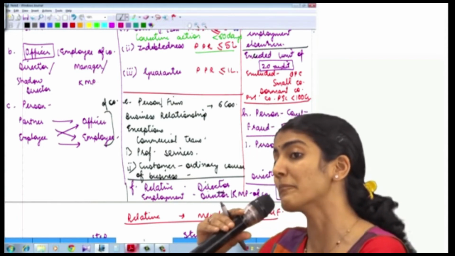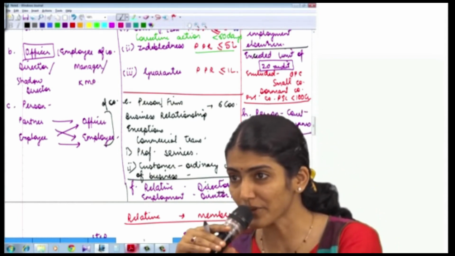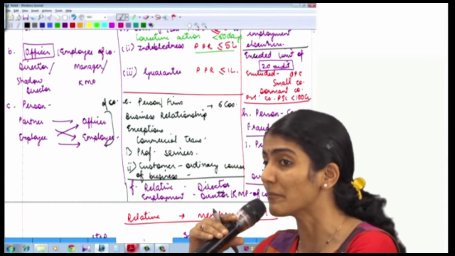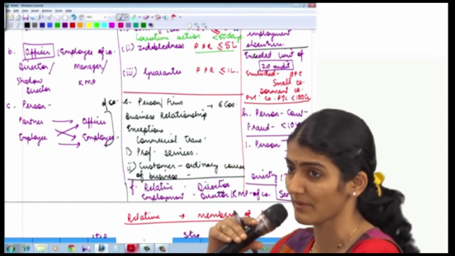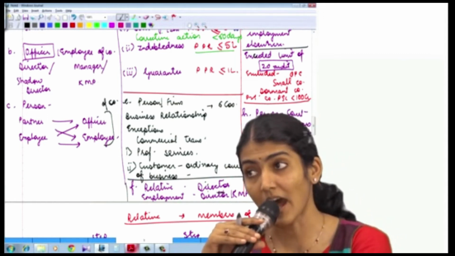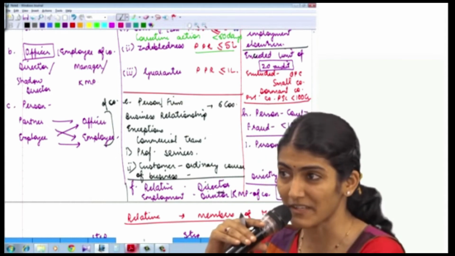So if my uncle is just an employee working over there, say as an engineer, then am I qualified to do the audit of Geo? Yes, because for relative only director or employment as director or KMP. So if relative is an employee, can I do the audit? Yes. I am an employee. Can I do the audit? No. That is 141(3)(b), no?